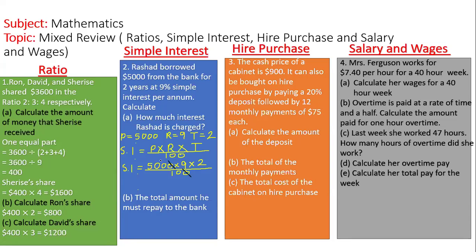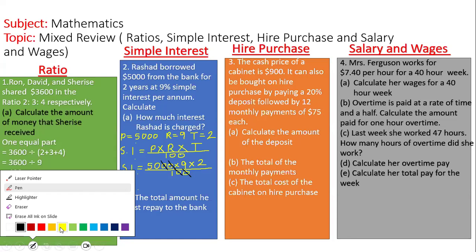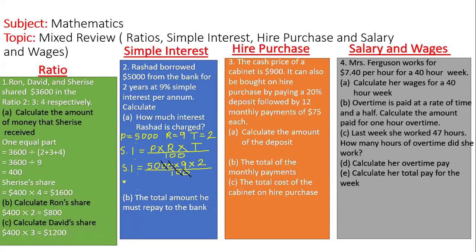And we're going to be left with simple interest equal to 50 times 9 times 2, all over 1.